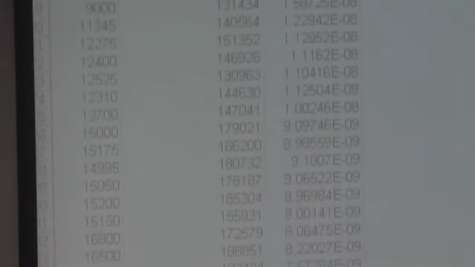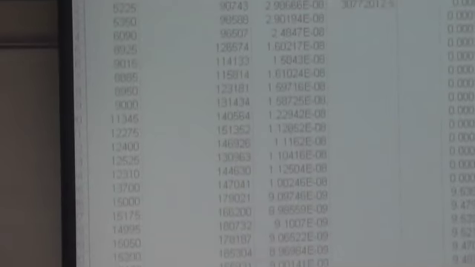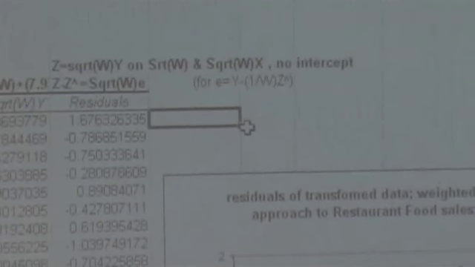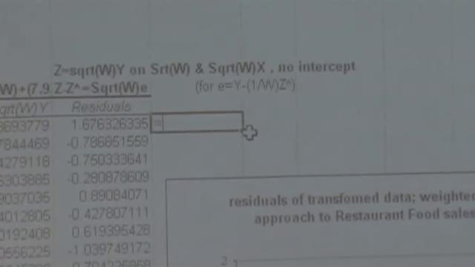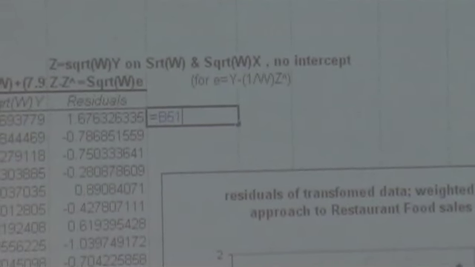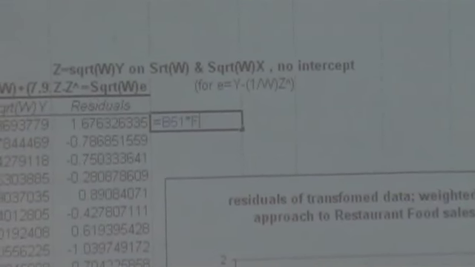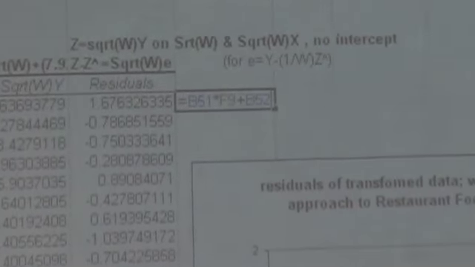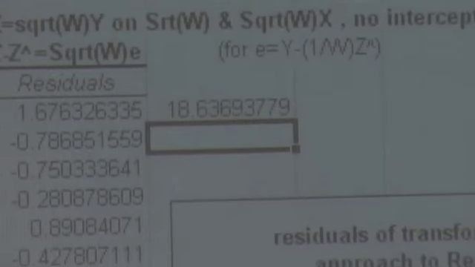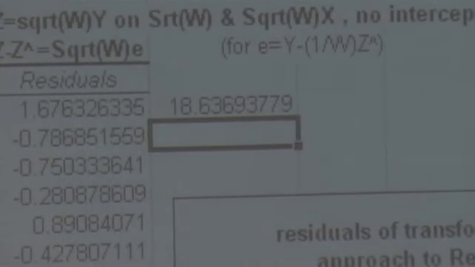I'm going to go ahead and calculate. See, this is F9 and G9, right? So let's just go ahead and use those. Let's check this 18.6369 as a predicted value. Equals this number times F9, plus this number times G9. There it is. Okay? So that's my Z hat.